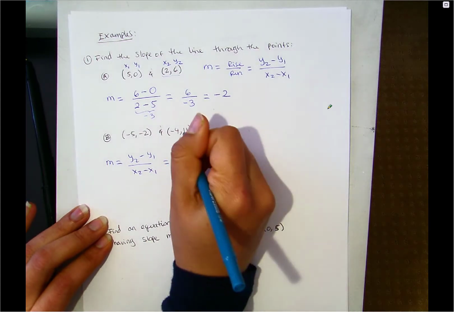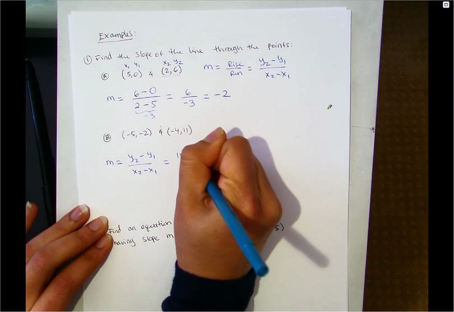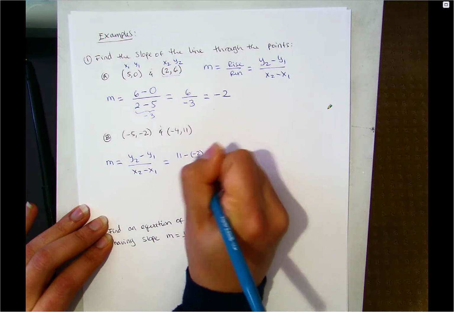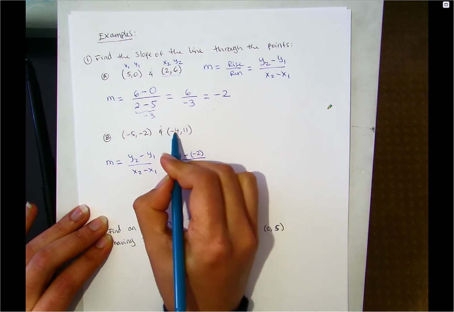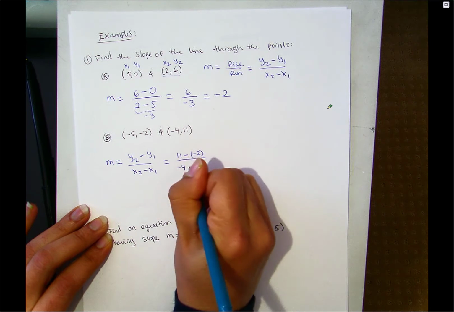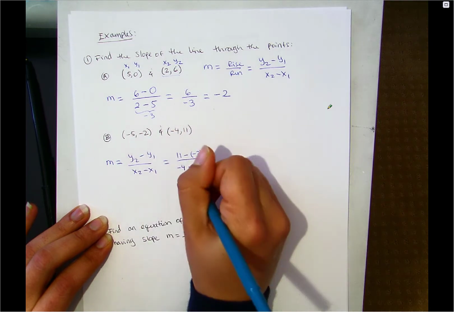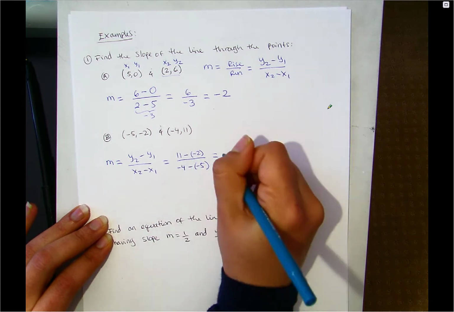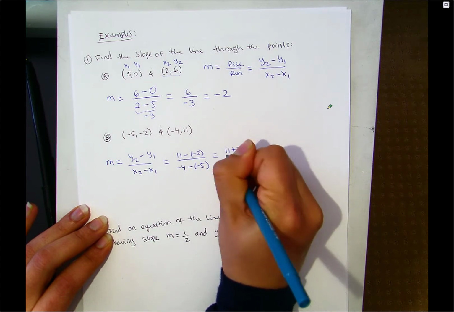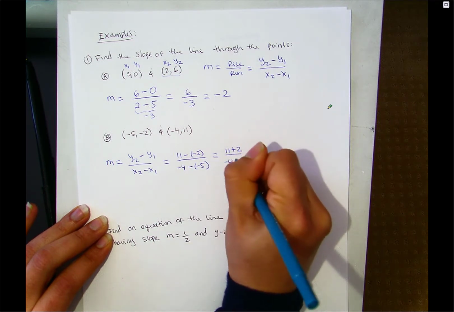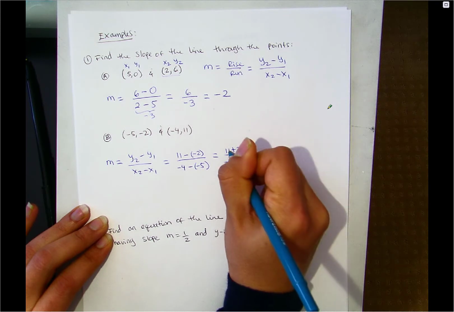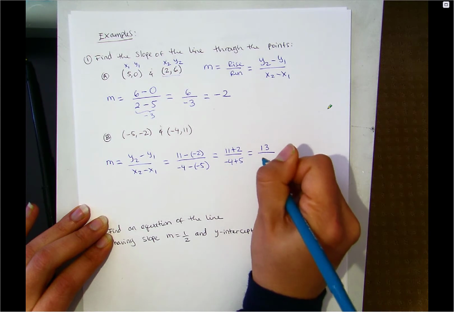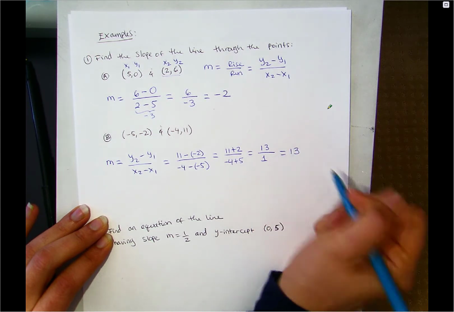So I'm going to say 11 minus, now I have minus and minus, so 11 minus a minus 2, over negative 4 minus a minus 5. Minus and minus becomes plus, so I really have 11 plus 2 over negative 4 plus 5. 11 plus 2 is 13, negative 4 plus 5 is 1, so the slope is 13.